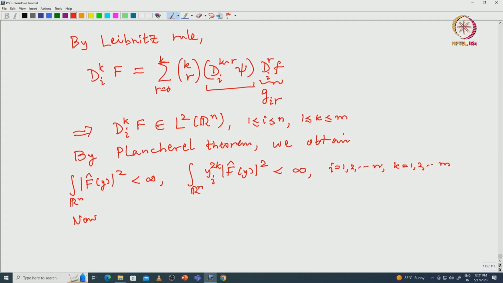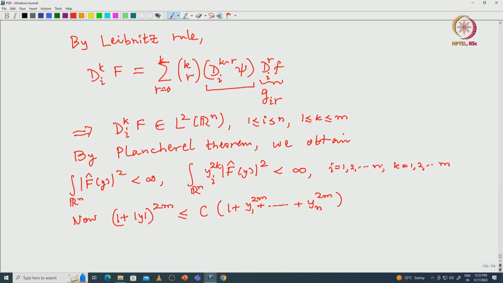So, this (1 + |y|^{2m}) is less than or equal to some constant which depends on m and n times (1 + y_1^{2m} + ... + y_n^{2m}).